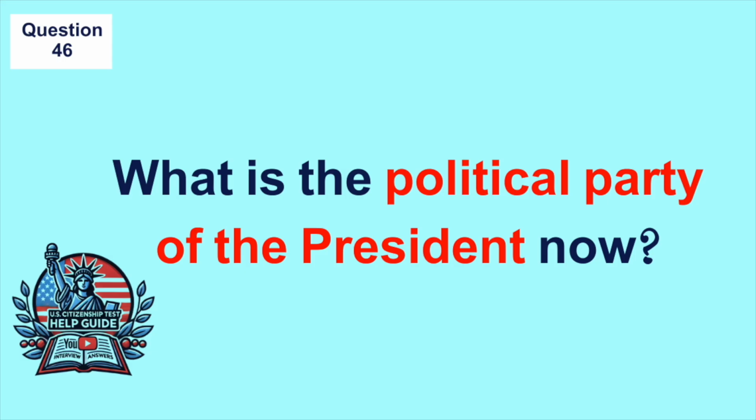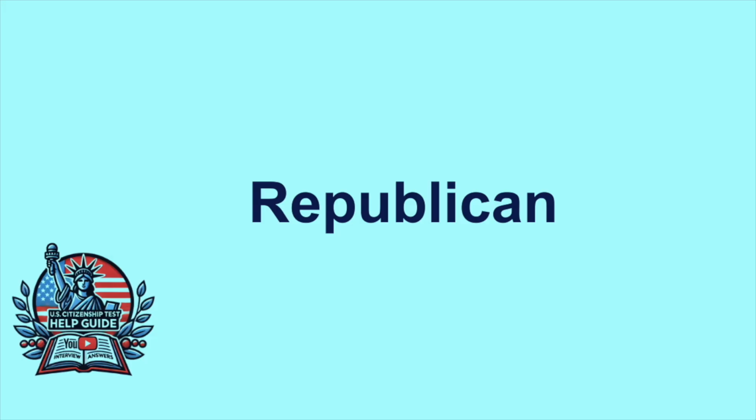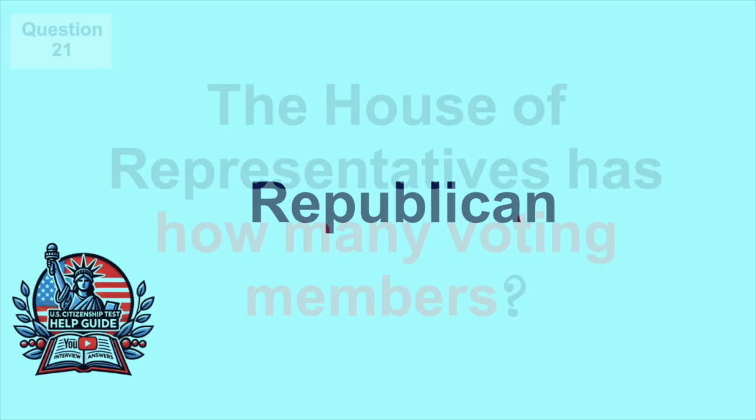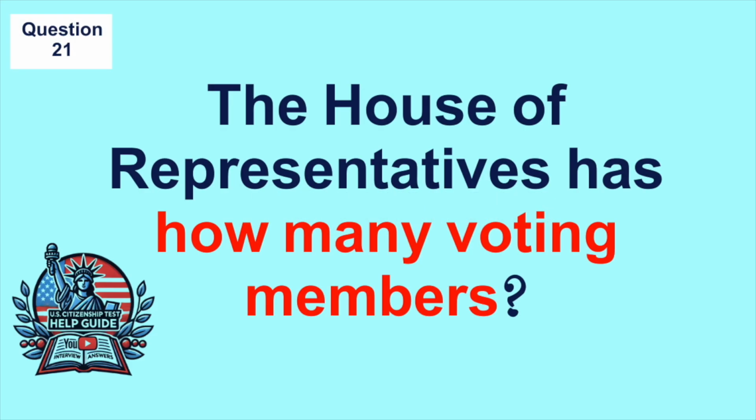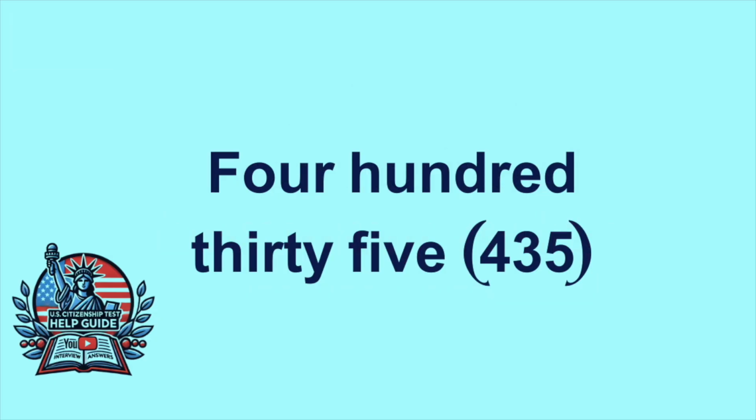What is the political party of the president now? Republican. The House of Representatives has how many voting members? 435.